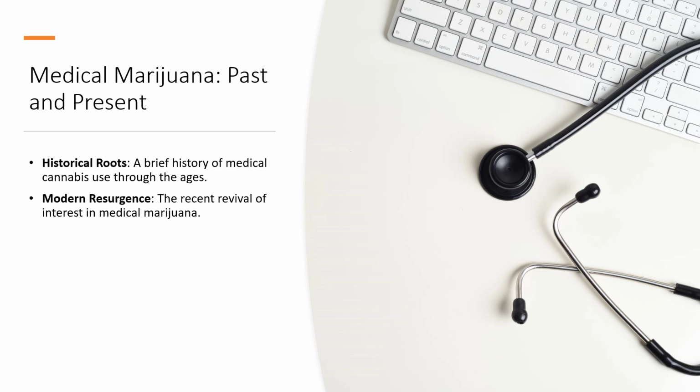So today, medical cannabis is experiencing a renaissance with a growing body of scientific research that supports its therapeutic potential. And it's now legal for medicinal use in various parts of the world, with an increasing acceptance and an expanding range of conditions that can be treated with medical marijuana.